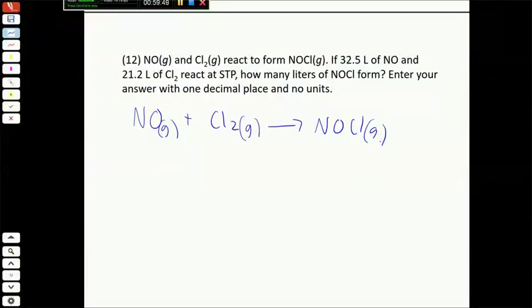If we have two chlorines on the reactant side, we have to put a coefficient of 2 there, which means then we also need 2 NOs. So it's 2 NO plus 1 Cl2 to give 2 NOCl.